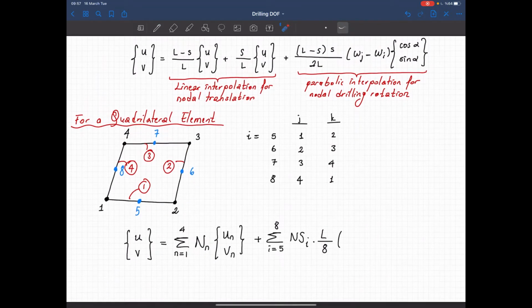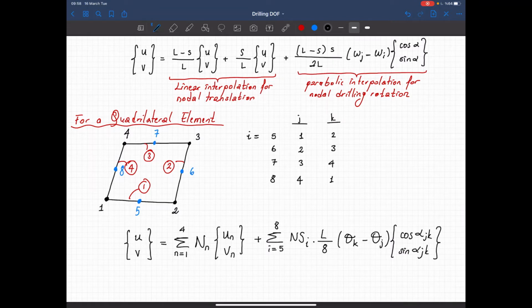So I should have the rotation at the end node, theta k, minus the rotation at the start node, theta j, multiplied by the outward unit normal of this edge, which I just show as cosine alpha jk and sine alpha jk.